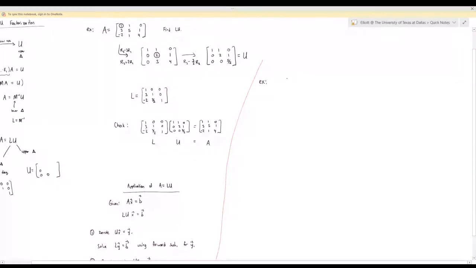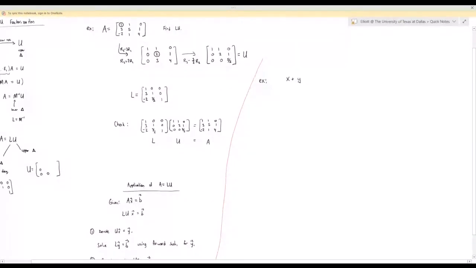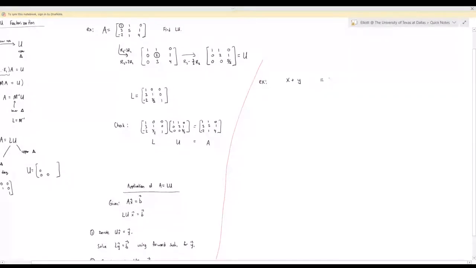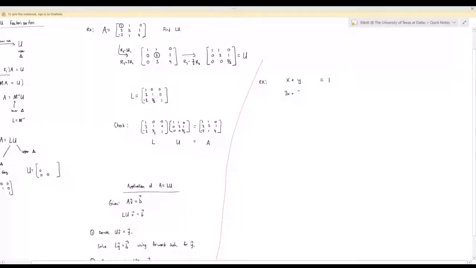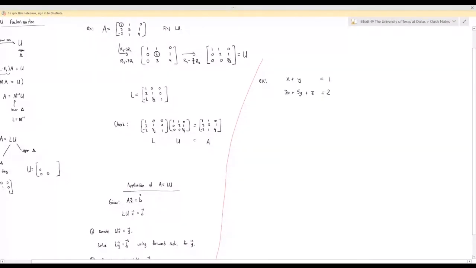Let's suppose we had this system of equations, maybe x plus y equals 1. And then let's say we had 3x plus 5y plus 1z equal to 2.